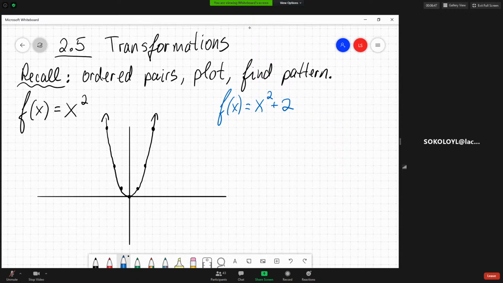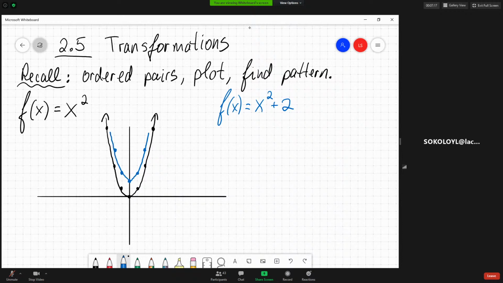If I now plug in 0, I would get 0 squared plus 2, which is 2. If I plug in 1, 1 squared plus 2, that's 3. Negative 1 also is 3. 2 squared is 4. 4 plus 2 is 6. Negative 2, same thing.